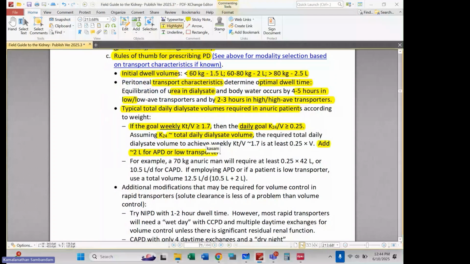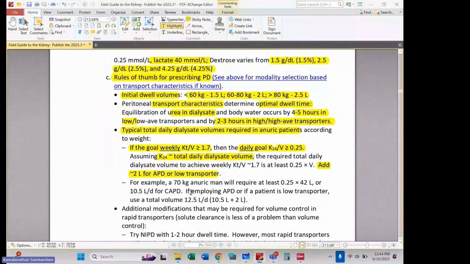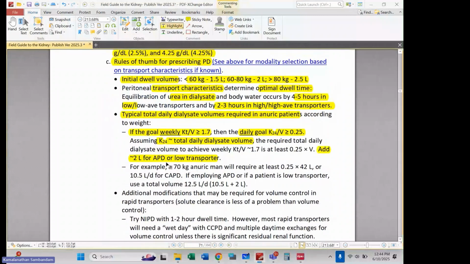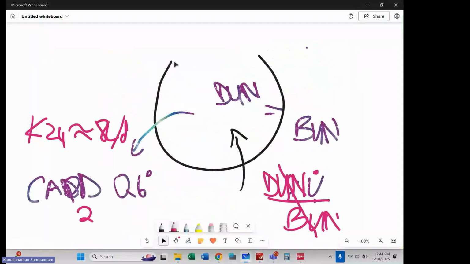So if I have a patient who is receiving mostly nocturnal peritoneal dialysis, just intermittent PD, nocturnal PD is how we generally do that intermittent peritoneal dialysis, you have to add an additional 2 liters. Suppose this patient was not a low transporter. I don't know what their transport characteristics are, but I want to prescribe their PD primarily at night.